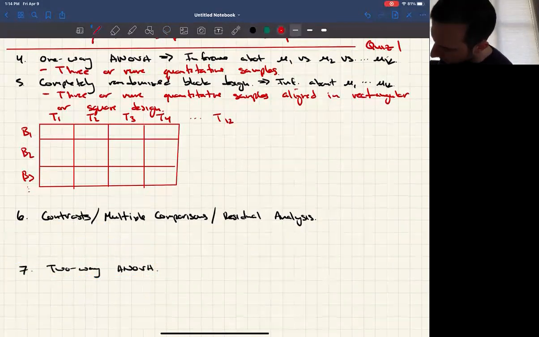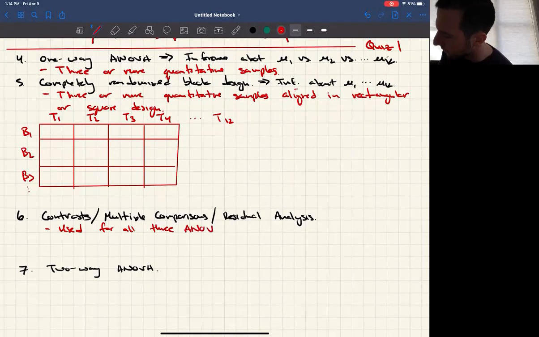So these are used for all 3 ANOVAs we studied. Okay. And what we're talking about here is comparing individual treatment means. So looking for where a difference actually exists if our ANOVA said that we should reject the null, and evaluating the normality and constant variance assumptions for each of the different ANOVAs.